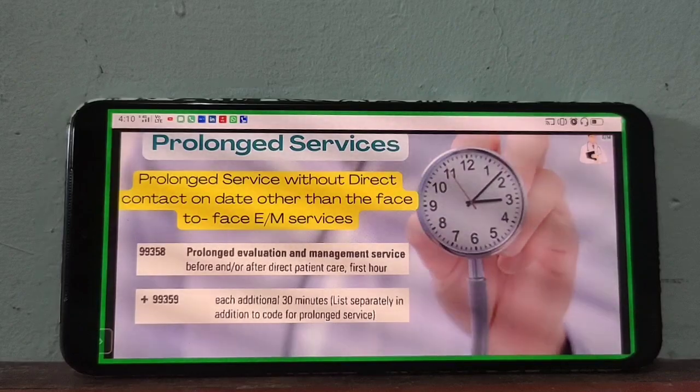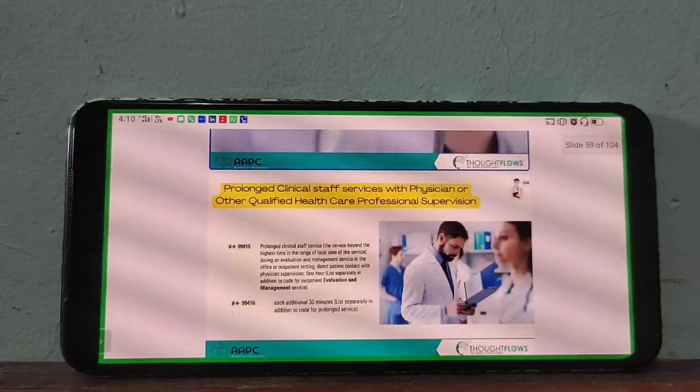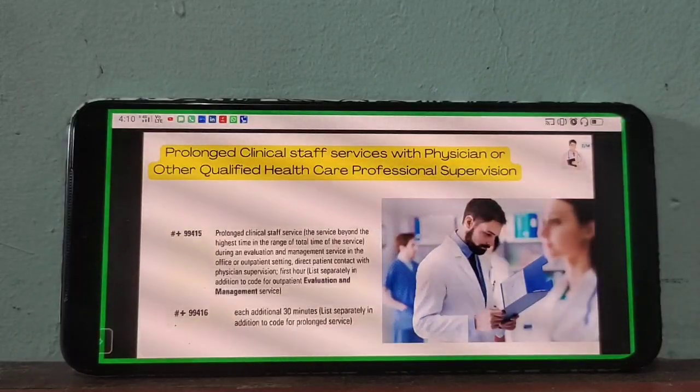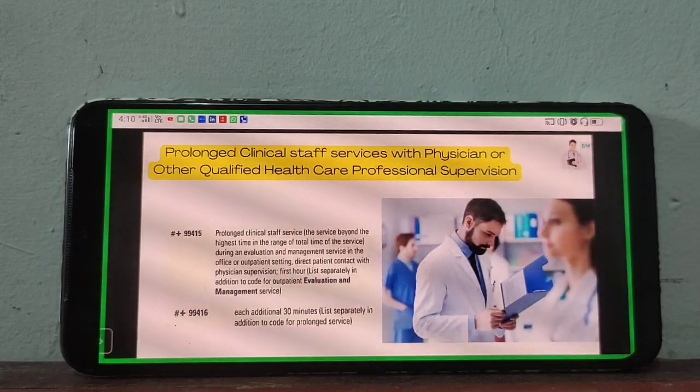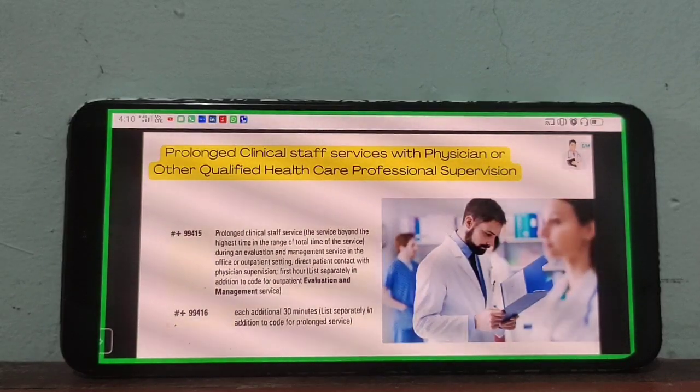Now, prolonged service by clinical staff. Here the prolonged service is given by the clinical staff under the supervision of doctors. Under the supervision of a physician, clinical staff provide service. So these 2 code sections are also used for nurse service.